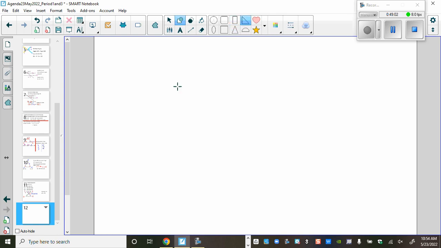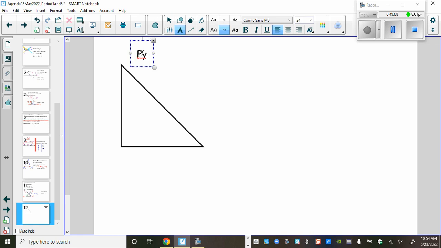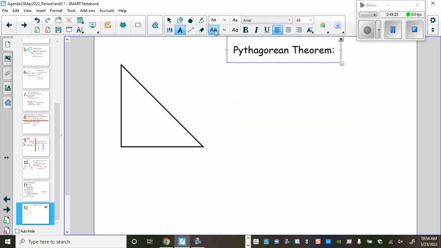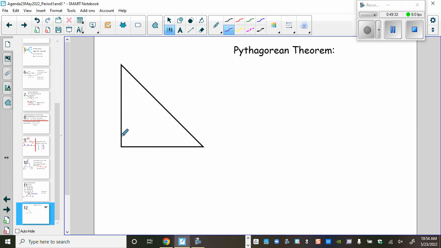Here's what I noticed a lot of us forgot. Pythagorean theorem. Your key is labeling. You gotta label everything properly. Here's your right angle. Out of A, B, and C, what side is always the longest? So you have A squared plus B squared equals C squared. What side is always the longest?